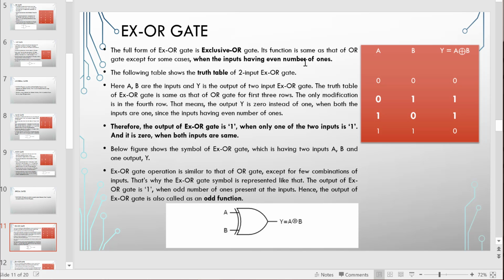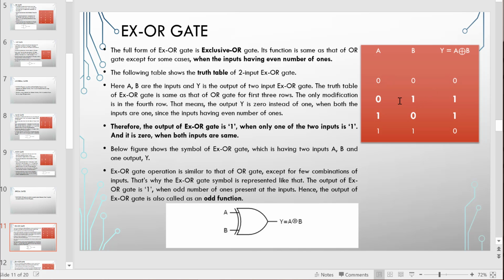when the inputs have an even number of ones, right? When the inputs have an even number of ones, we will have 0 in the output. In this case, as we have 0 ones in the inputs, which is an even number of ones, we will have 0.